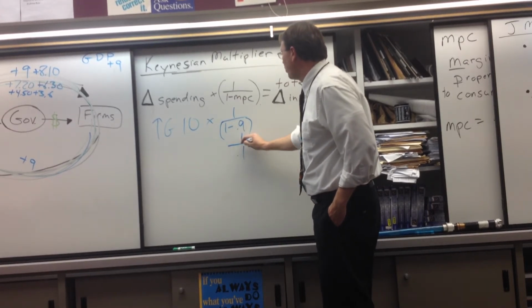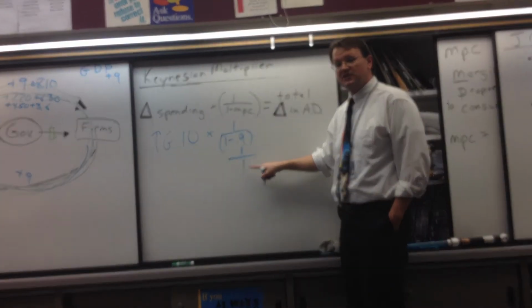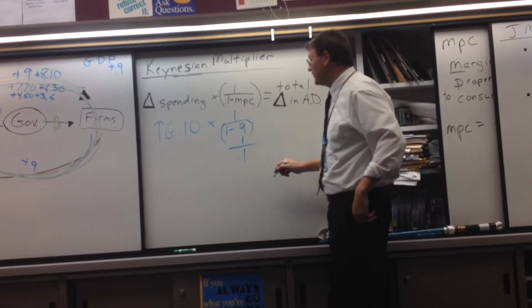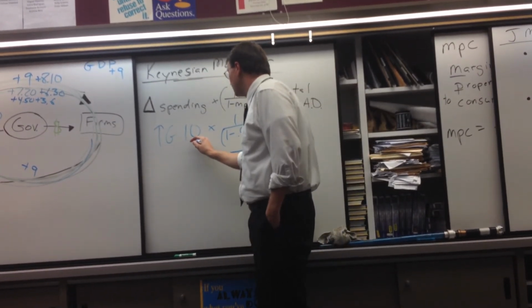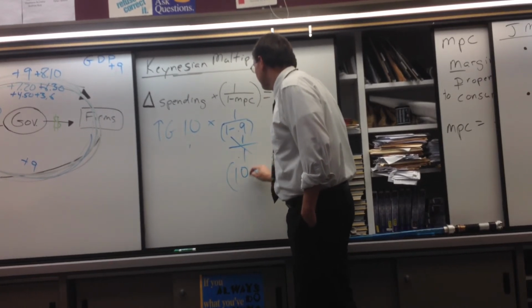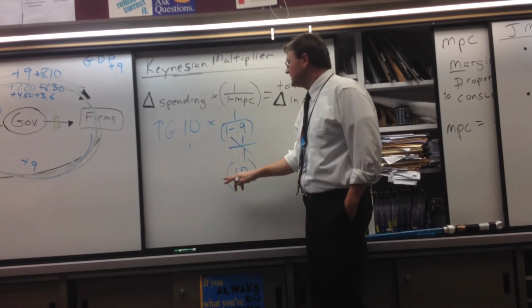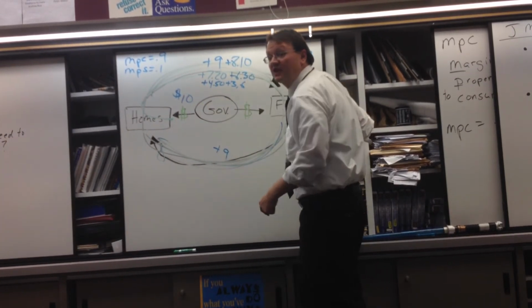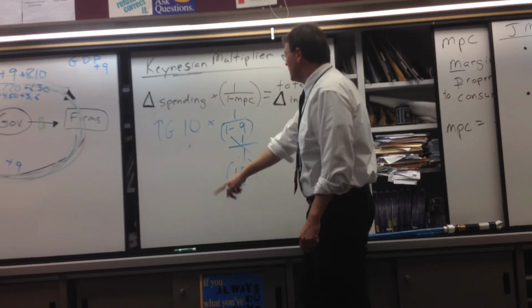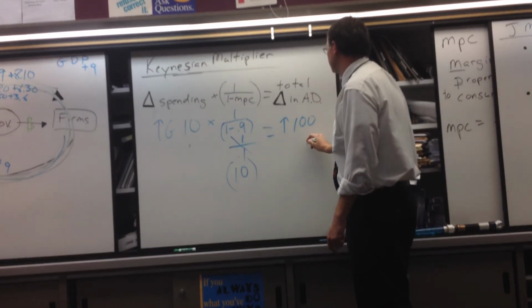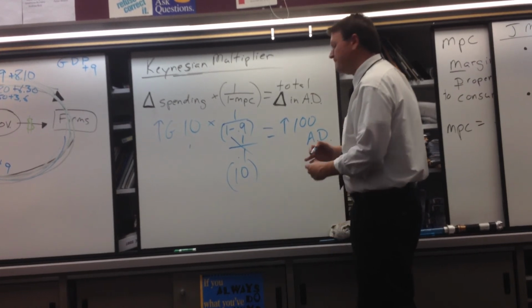And 1 divided by 0.1, how many times does 1/10 go into 1? 10 times, very good. So the government's going to increase spending by $10 multiplied by 10. 10 times 10, this $10 the government spends is going to make the economy grow by $100. That's right.